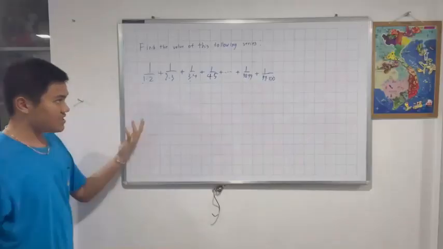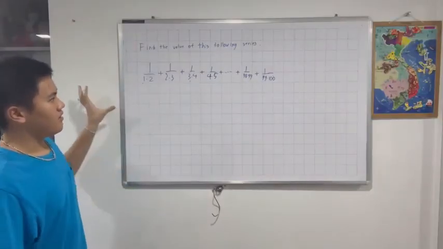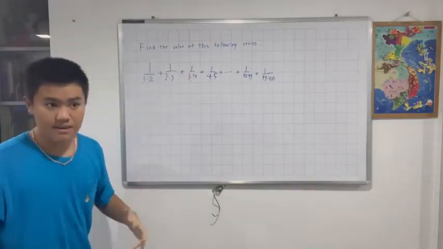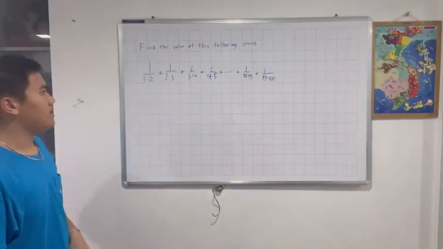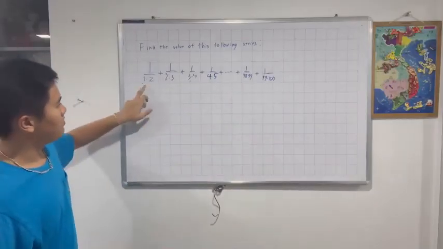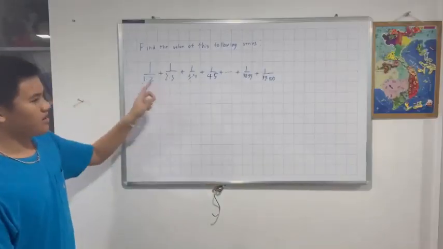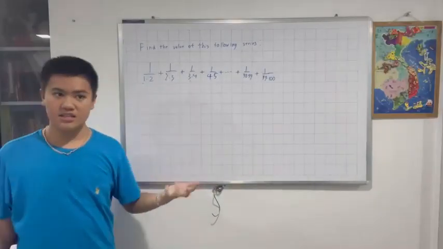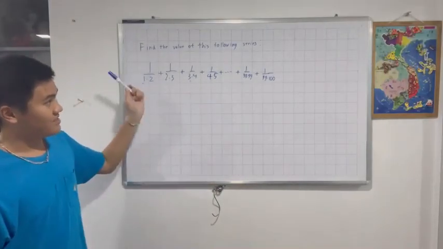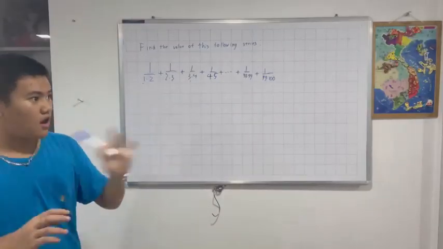So the instinct of most people when seeing a long question where there's a lot of sum is to plug this into a calculator, right? However, this has almost 99, 100 terms here. So even if you try to plug this into the calculator, it would take like 10, 15, 20 minutes, which is a long time.